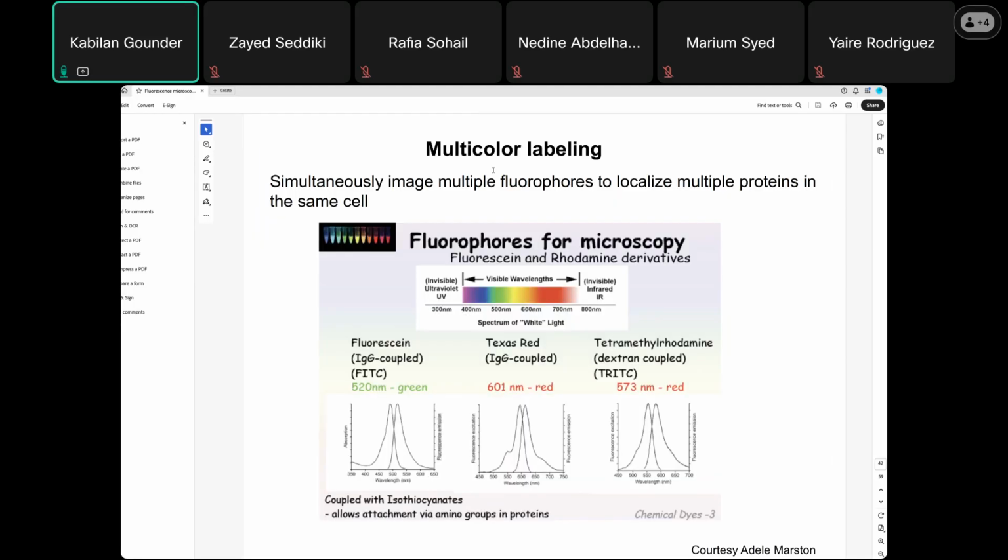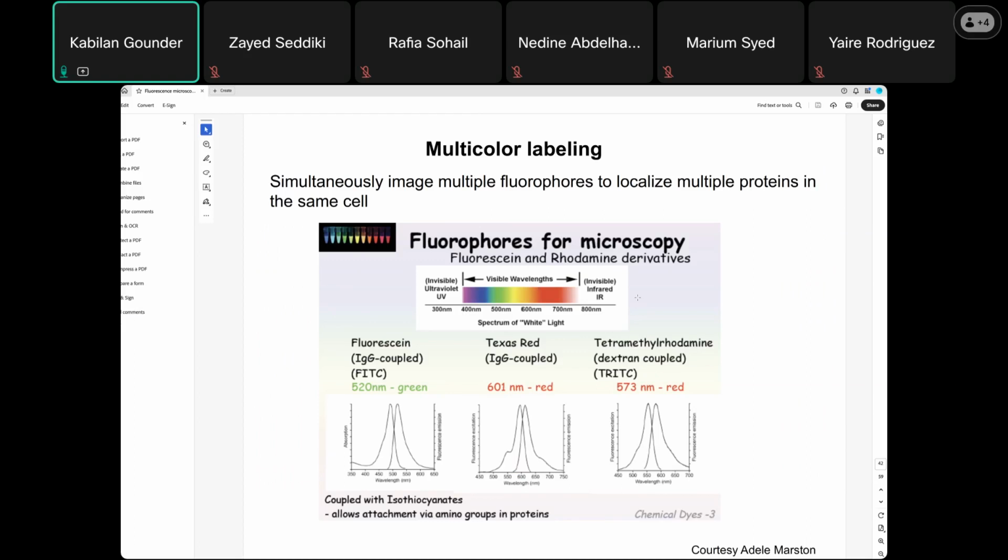Simultaneously imaging multiple fluorophores to localize multiple proteins in the same cell we already discussed. If you want to study more than one protein of interest, you can use multi-labeling.